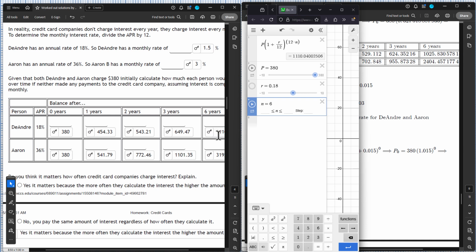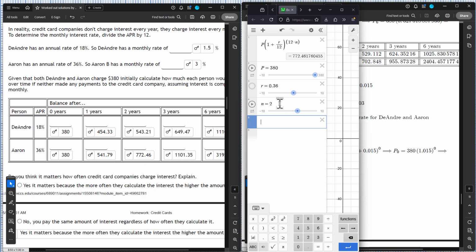Then they do Aaron, whose rate is 36%, so that'll be 0.36 here. And I put a 0 there, so his number for Aaron is 380. When n is equal to 1, I have 541.79 here. When n is equal to 2, $772.